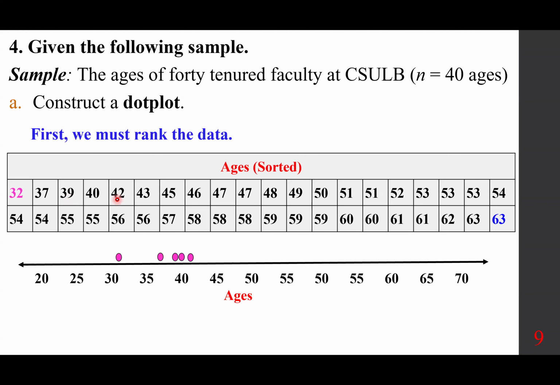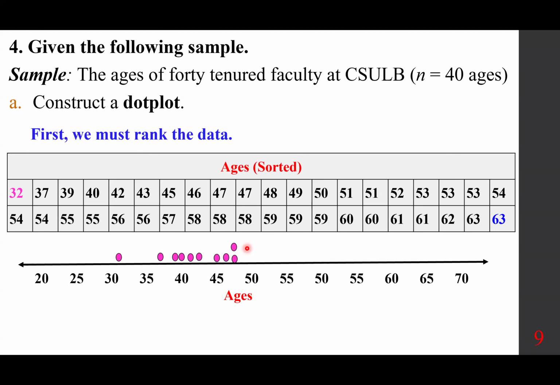We located it, we put a dot. Same thing with 43, 45 and 46. We put the 47, and we notice there are two of them. So we're going to put one just on top of that. And that's the idea. If you get that, you can figure out the rest of it.